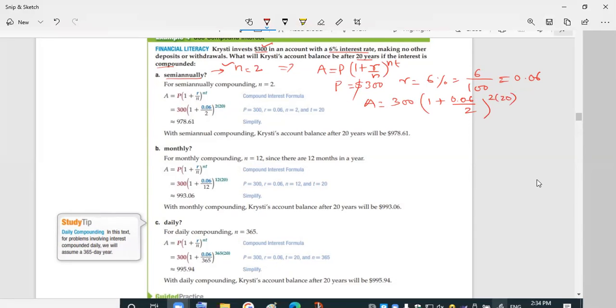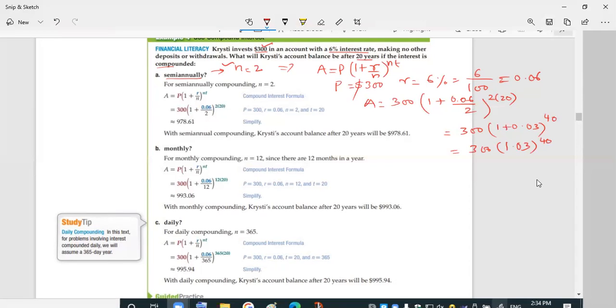So 20 into 2, 40. So we have to solve 300 into 1 plus 0.03 raised to power 40. So 300 into 1.03 raised to power 40.